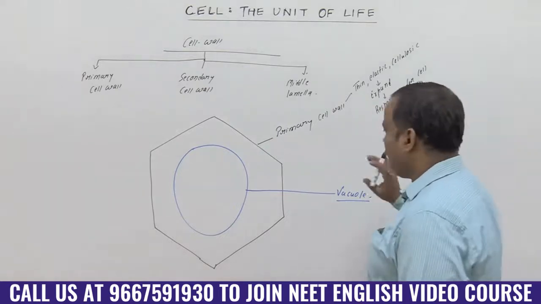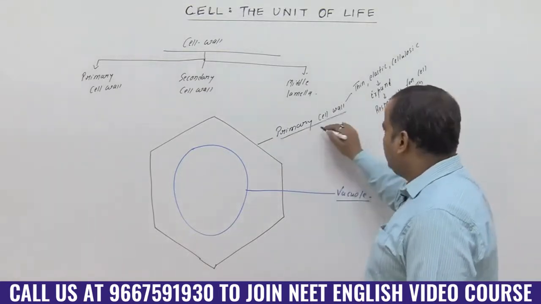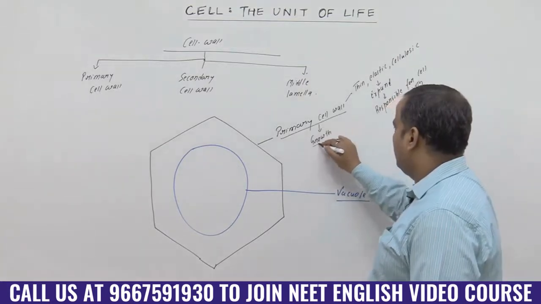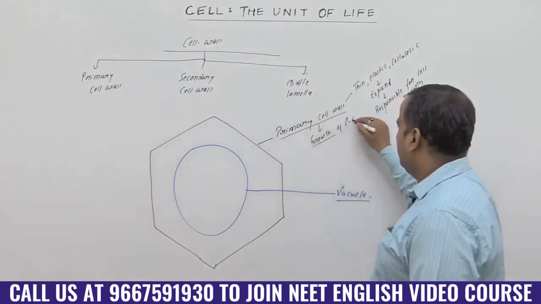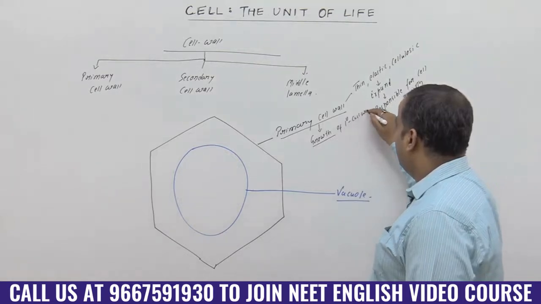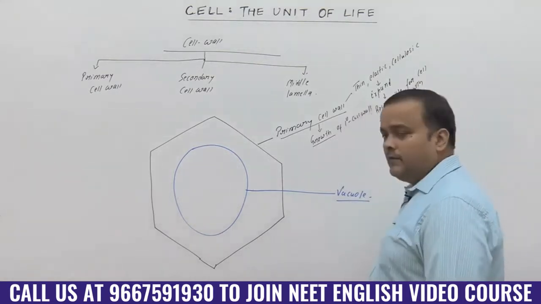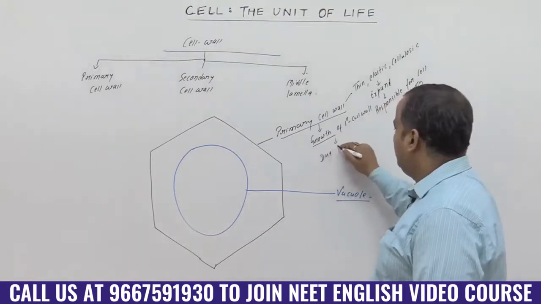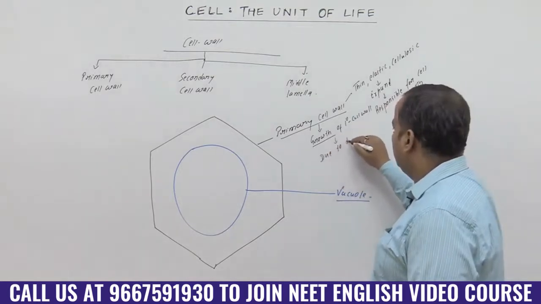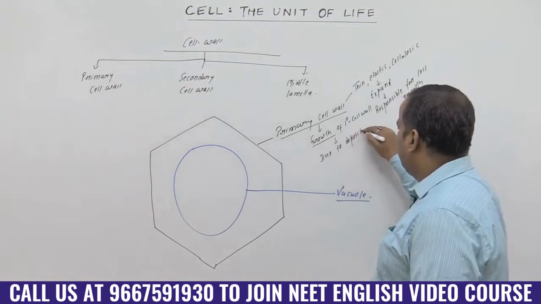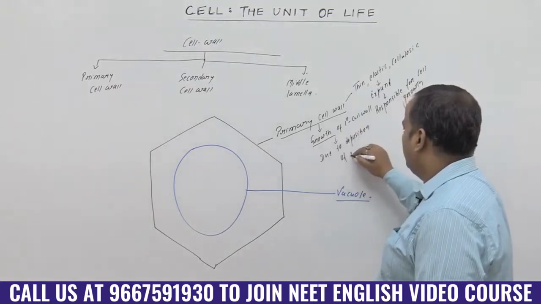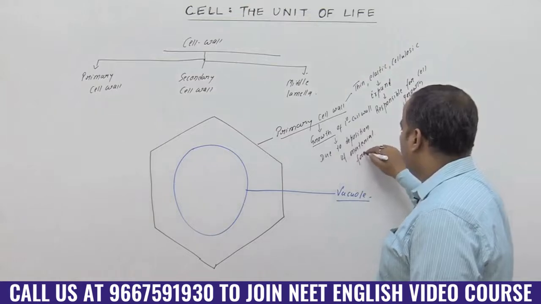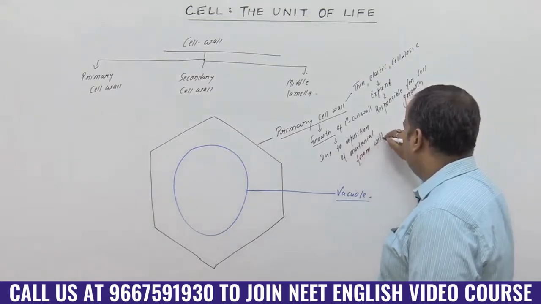Now next, growth of this primary cell wall. Growth of this primary cell wall takes place due to deposition of material from within.